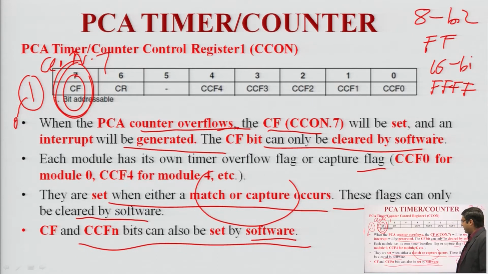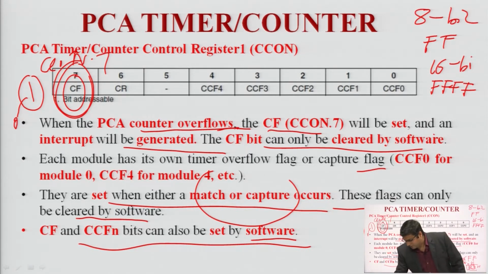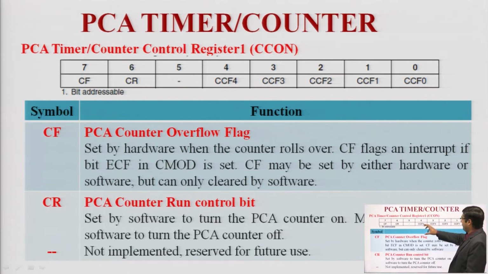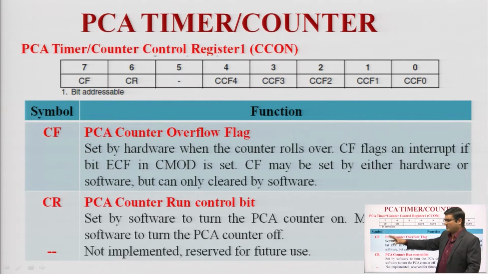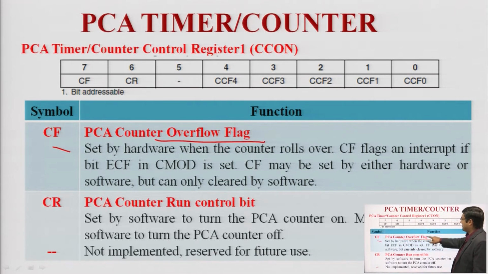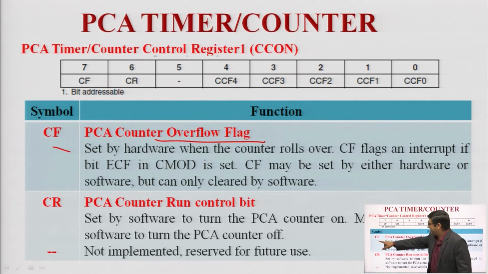Now we will look at what the basic symbols represent. We have already seen in the previous slide what CF and CR are. Let us have a detailed view. CF represents the PCA timer counter overflow. We have seen what overflow is. It means that during PCA timer operations, if any carry is generated, this bit will be 1.